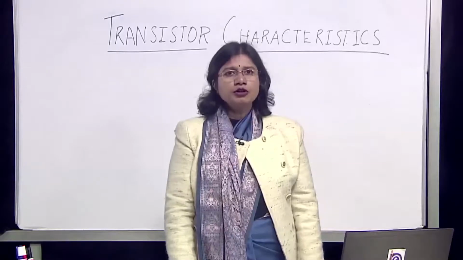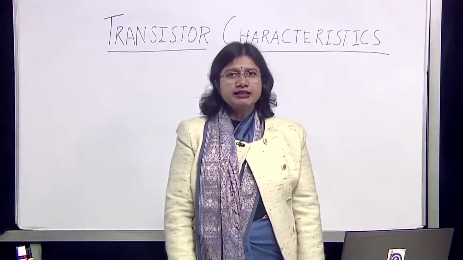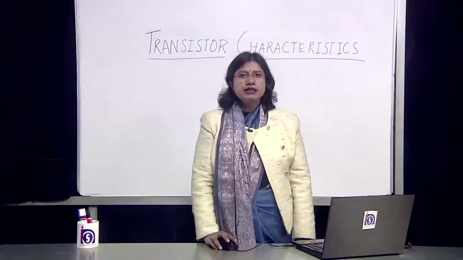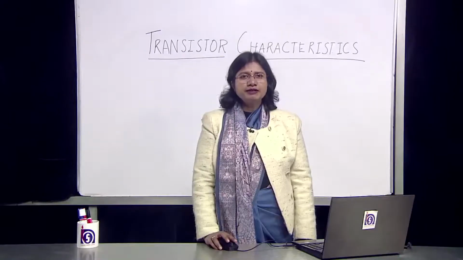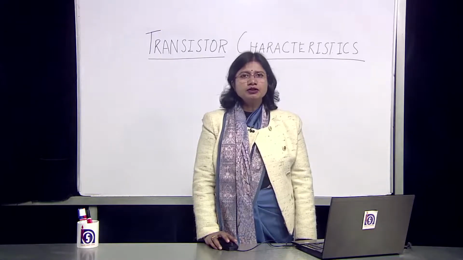Now we move on to the common base configuration. As the name suggests, in the common base configuration, the base is common to both the input and the output circuit. Similar to what we have seen previously, in the common emitter configuration, the emitter was common.